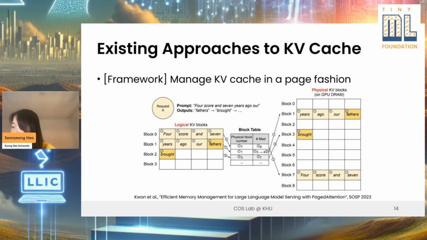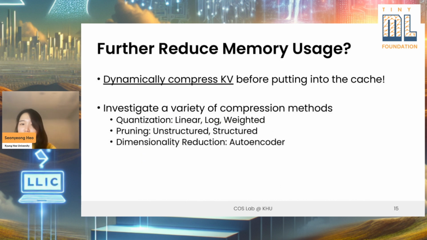It swaps the cached values into GPU memory when they are needed. However, this approach assumes a very large system with multiple users and multiple batches, and also a dedicated GPU that has its own memory. So this approach is not appropriate for optimizing on-device LLMs.